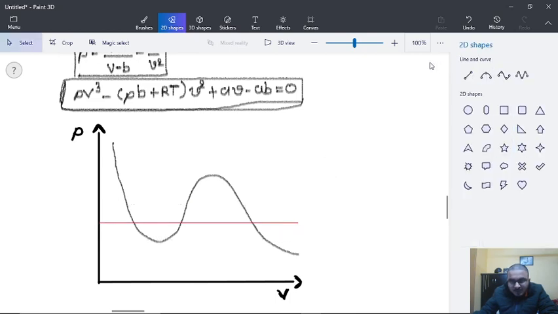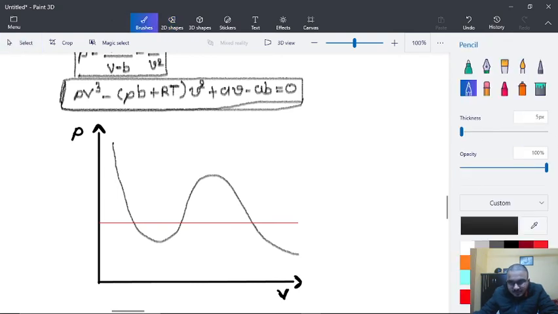Line. We will get this point as V1. Here we will be getting V2, and here it will be V3, for the same pressure.